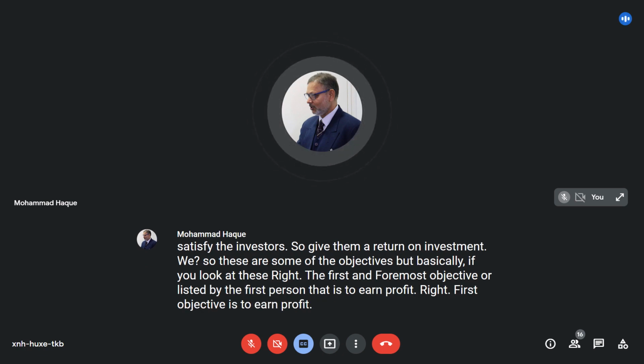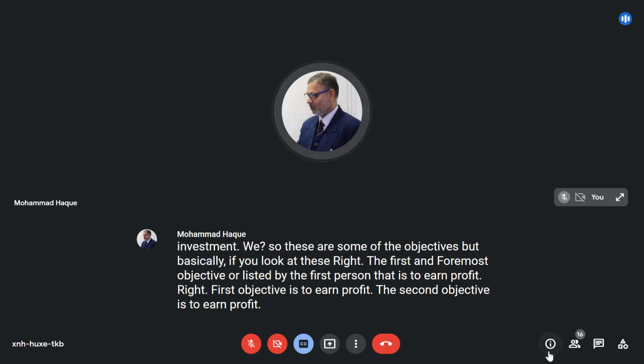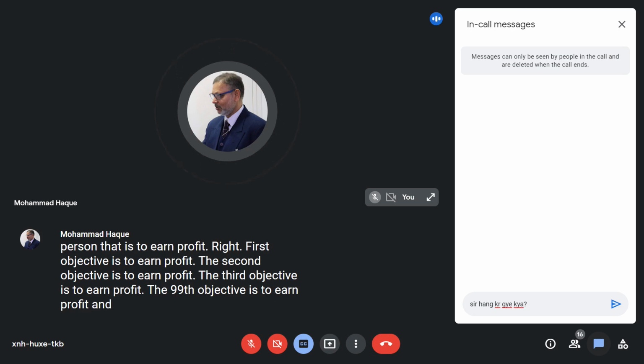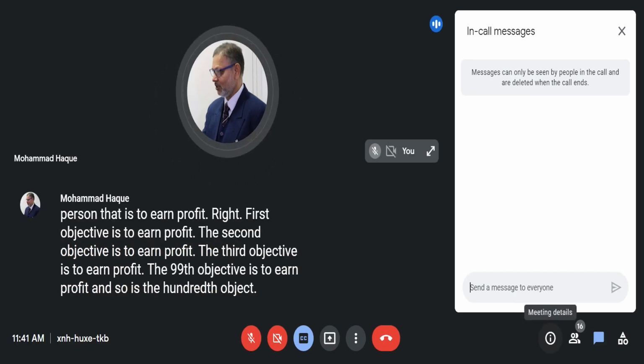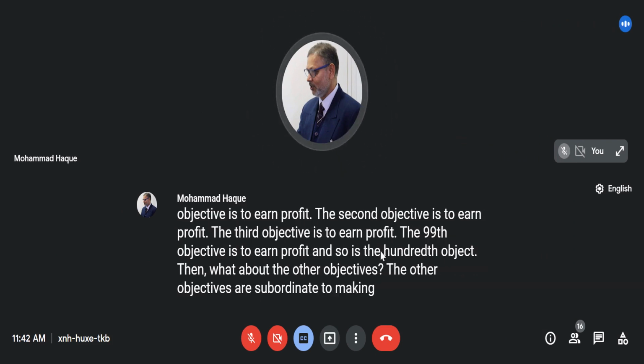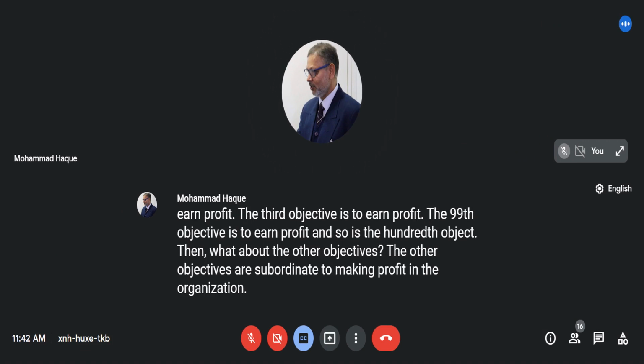The second objective is to earn profit. The third objective is to earn profit. The 99th objective is to earn profit, and so is the 100th objective. Then what about the other objectives? The other objectives are subordinate to making profit in the organization, right?